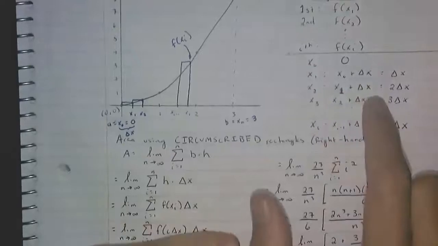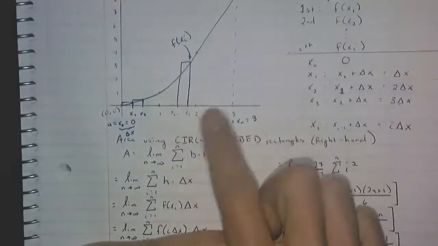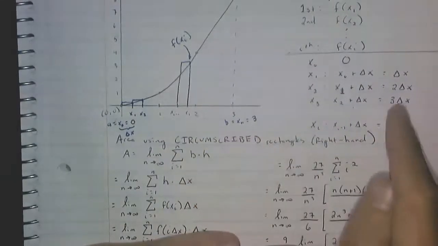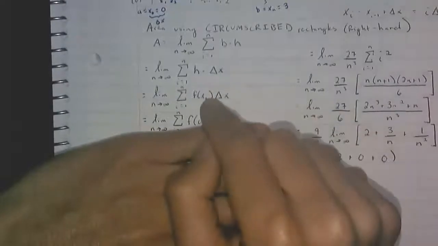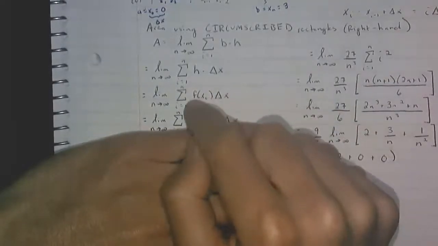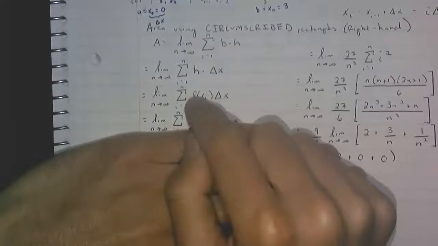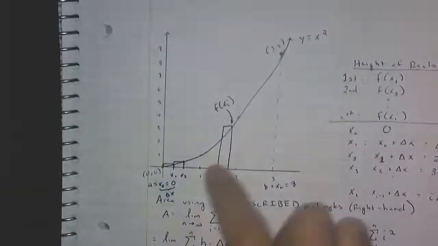We decided x sub i at every step is just going to be i delta x's. Now with that definition of x sub i, we can deal with the f part, and the f is based on whatever curve we're looking at.